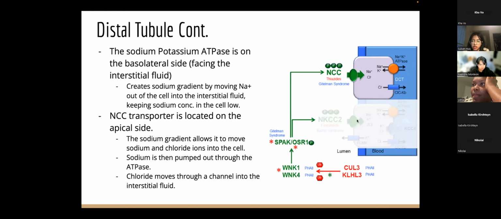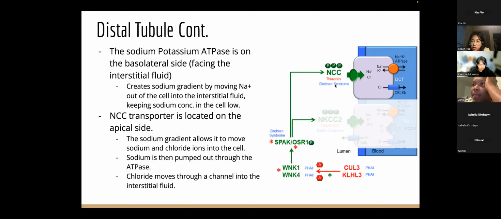And it's the same orientation in this picture. We have the lumen, which is where the tubular fluid is, the cell that lines the tubes, and then the blood or interstitial fluid.